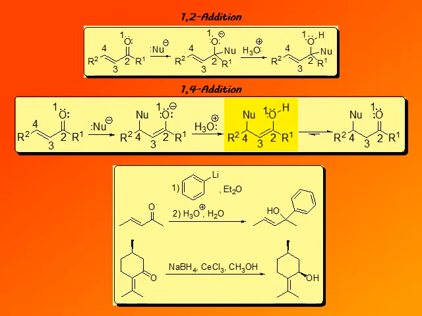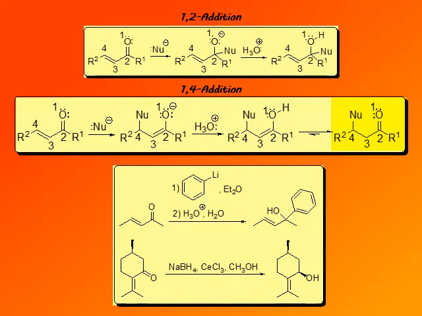But this is an enol, an unstable species, and the enol tautomerizes, which means the double bond and proton exchange places, and in the final product the proton actually ends up in position 3. Even though the overall final addition is on atoms 3 and 4, we still call it 1,4 addition because the actual addition proceeds in 1,4 fashion.